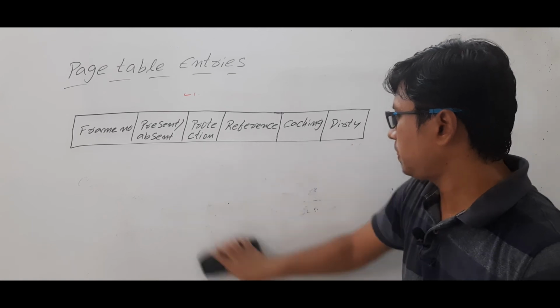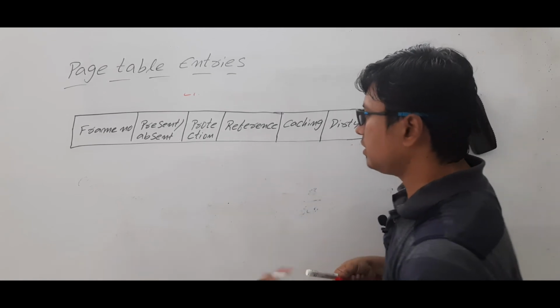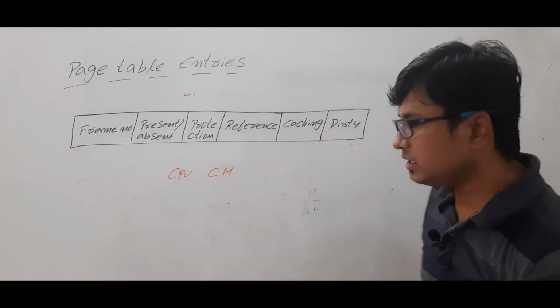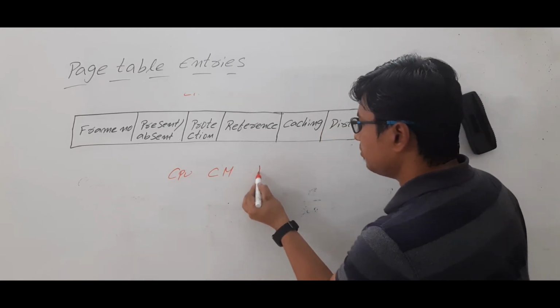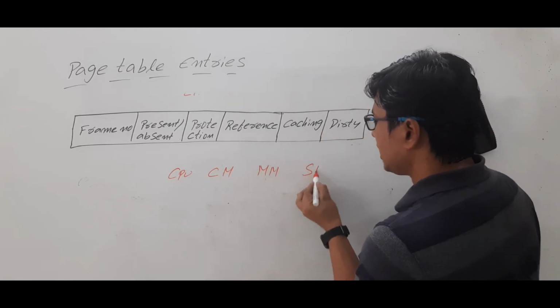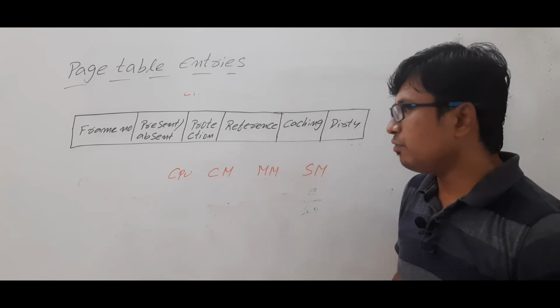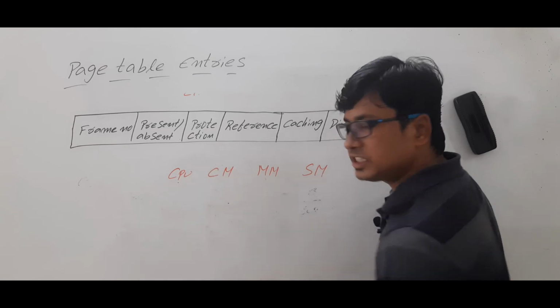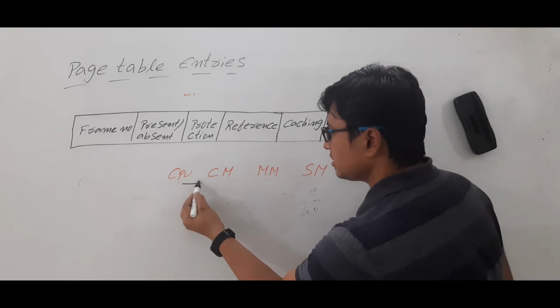Now we have the CPU, the cache memory, the main memory, and then the secondary memory. Whenever the CPU is checking for an instruction, first it will check in the cache memory.